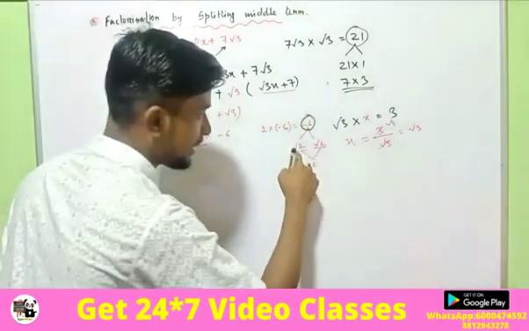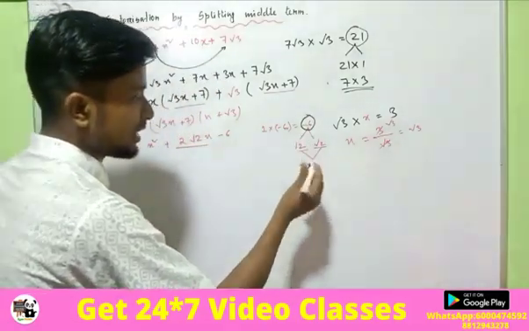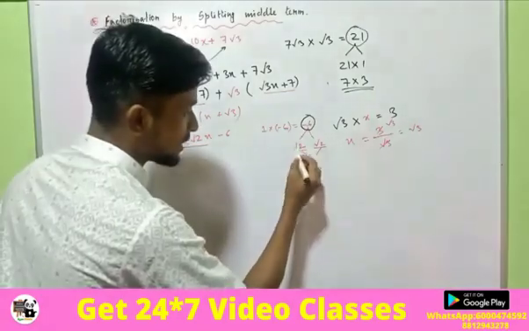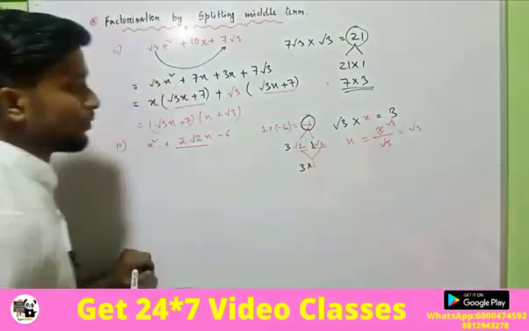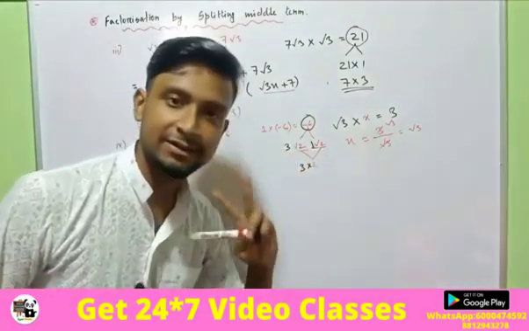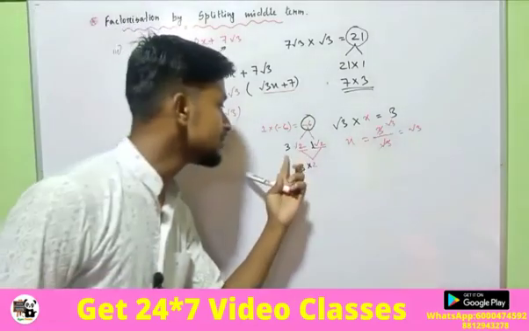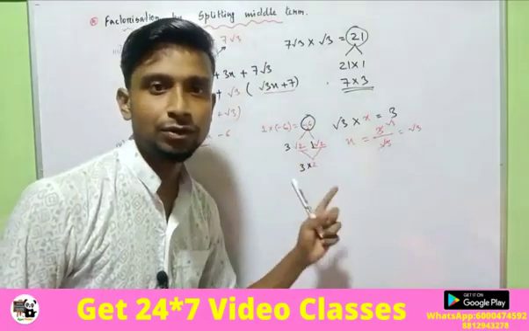We already get 2, we need 3 more. So what are the factors of 3? That is 3 into 1. So the pair of factors that we have to choose is 3 root 2 and 1 root 2.